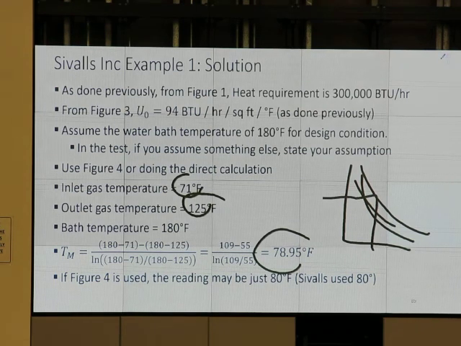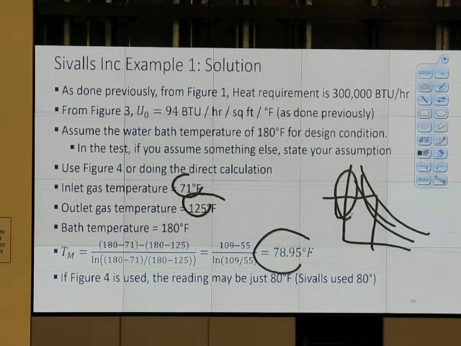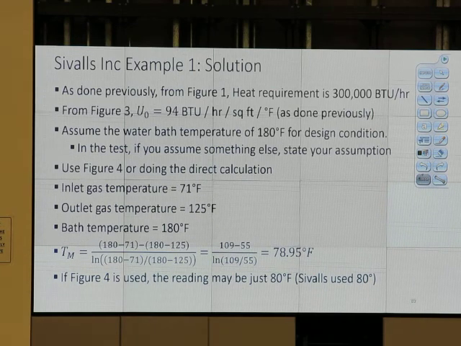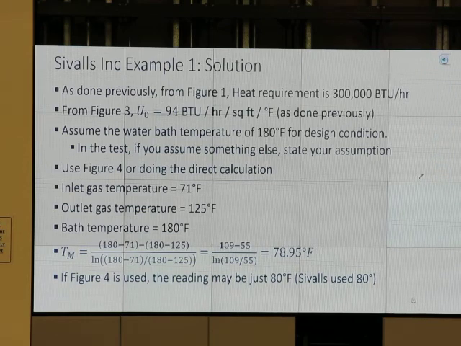And the difference in the enthalpy with the flow rate, we know that it's 300,000. Or you can do calculation. That is capital Q, BTU per hour. And we know Q equal to A U T sub m. We know T sub m, we know U, then we calculate A.